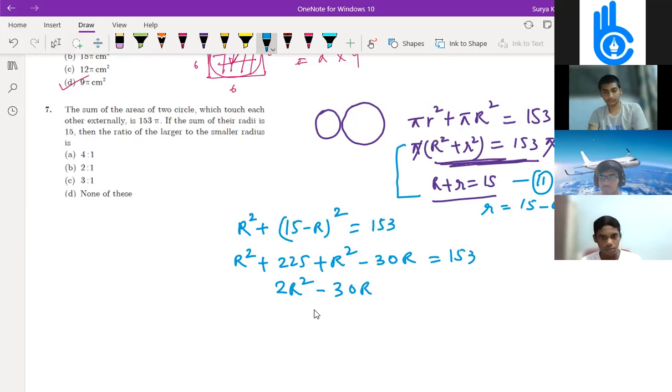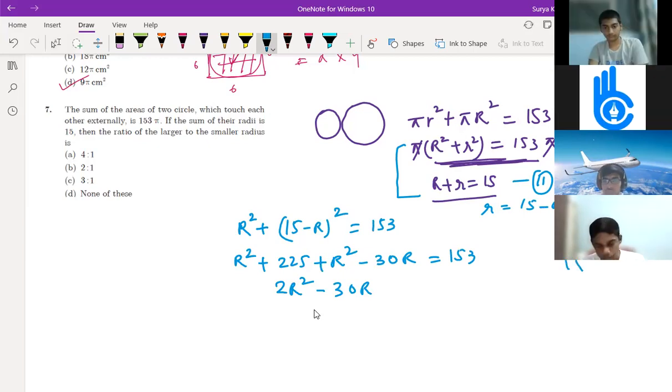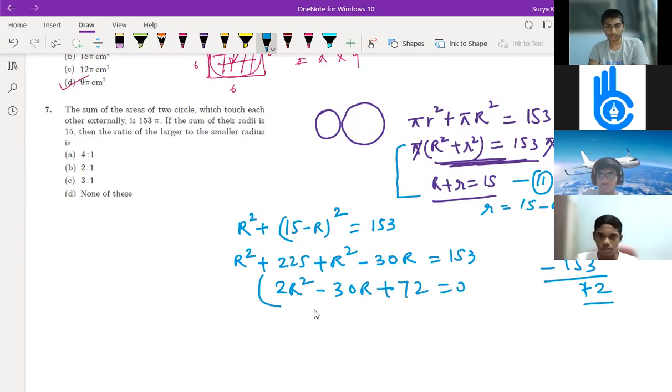What will come? 225 minus 153 is 72. So plus 72 is equal to 0. Then you can divide by 2. So on dividing by 2, you get R square minus 15R plus 36 is equal to 0.